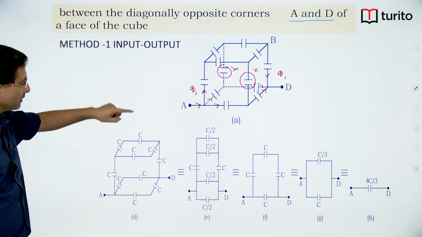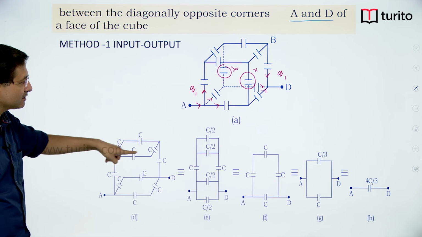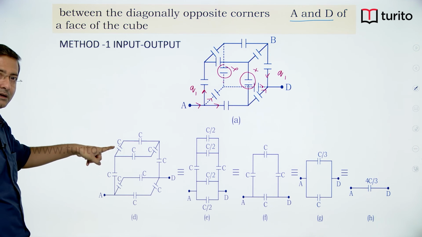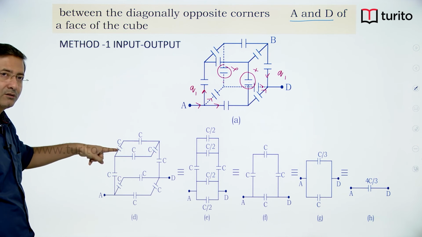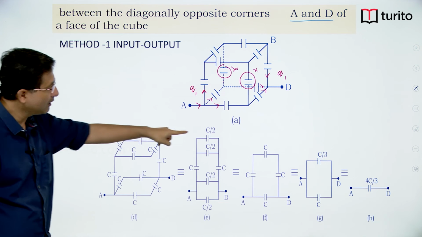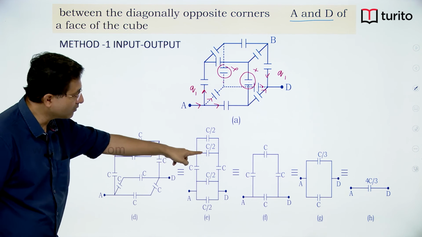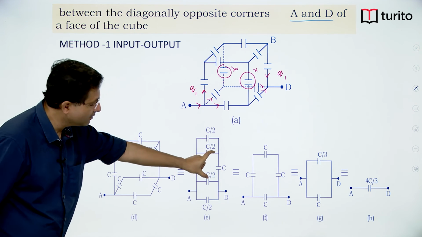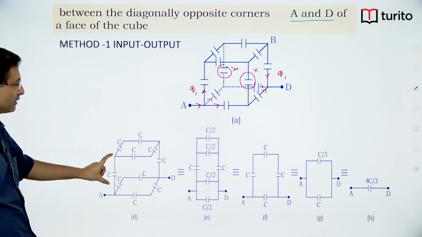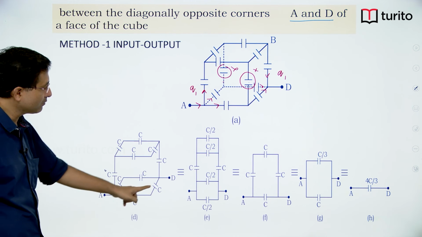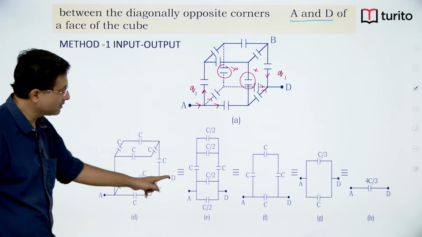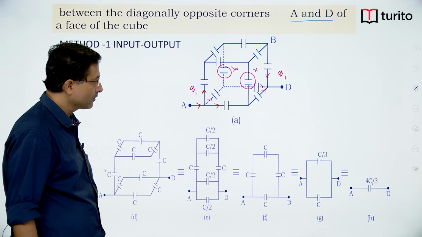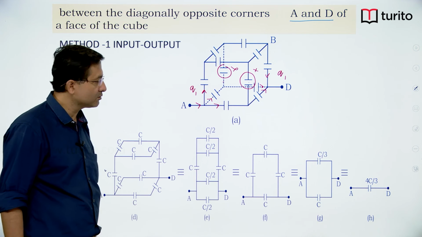Now, look at the upper part, these two are in series, C by 2, these two are in series, C by 2. So, this C by 2 I have drawn here, this C by 2 I have drawn here, this C and this C is over here. Similarly, the lower one is C by 2 and this one is C by 2. This way the circuit can be reduced.